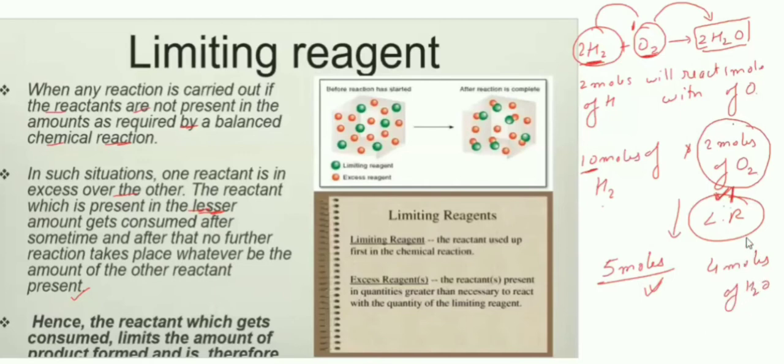So this is how the term limiting reagent helps us to find out the amount of product formed during a chemical reaction. Limiting reagent is the reactant that is used up first in the chemical reaction. Always the limiting reagent will be the first one which is going to be consumed or used up completely during a chemical reaction.